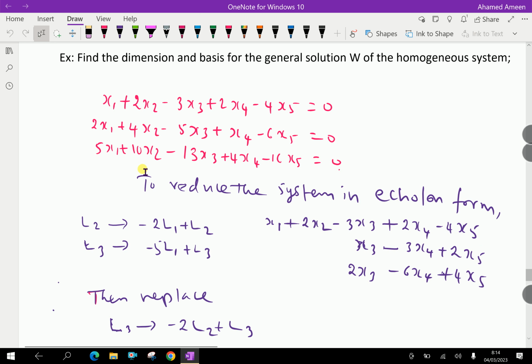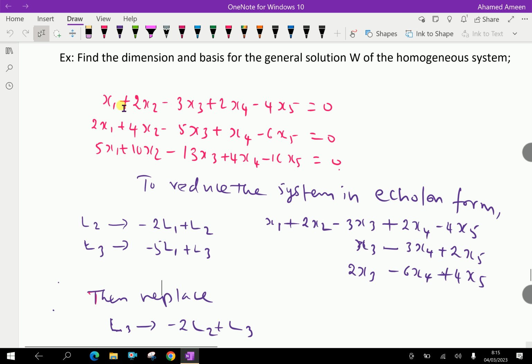After this operation we have to do L3 gives minus 5L1 plus L3. L3 is 5x1 plus 10x2 minus 13x3 plus 4x4 minus 16x5.